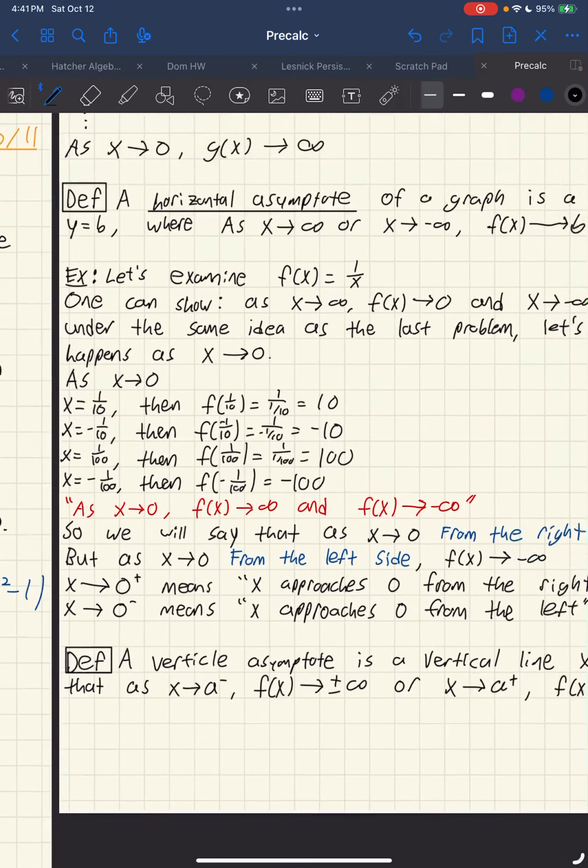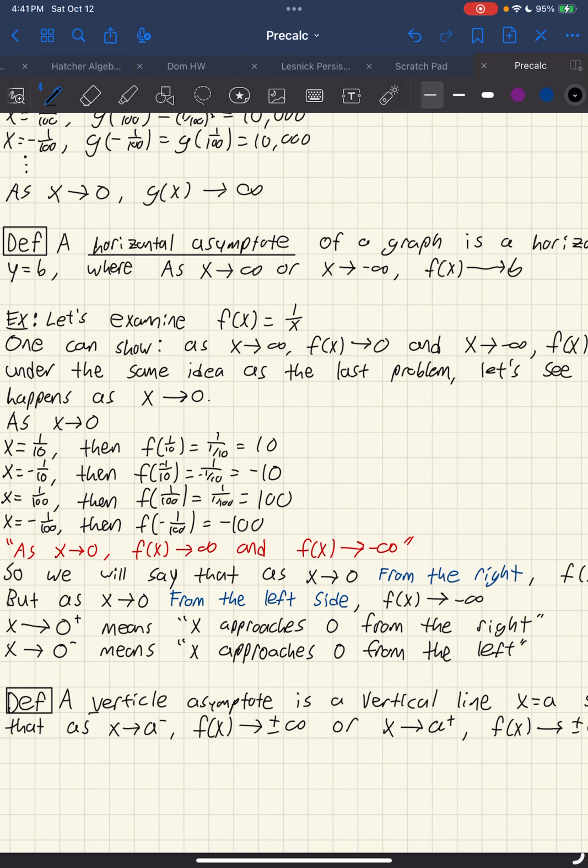Now, despite needing the extra notation for what a vertical asymptote is, we've done basically how to find vertical asymptotes already. Because basically the vertical asymptotes exist at the exact points where x is not in the domain of the function. So let's do a quick example of that.